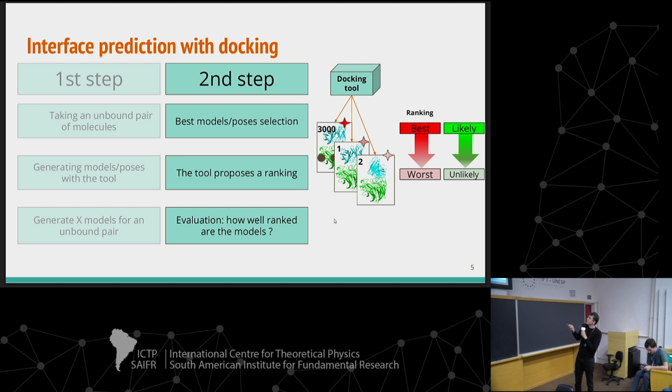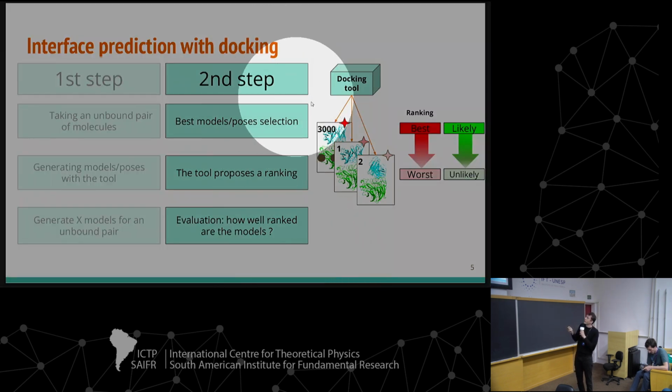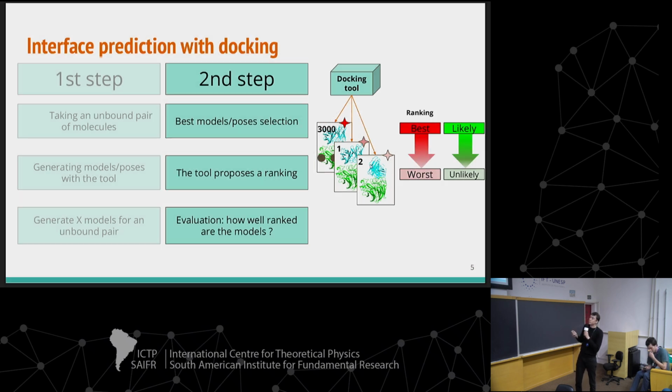So usually these docking tools have a way of ranking by their scoring function that's usually physics-based. And they will provide a rank. So these are the most likely states for your conformation, and these are the less likely.